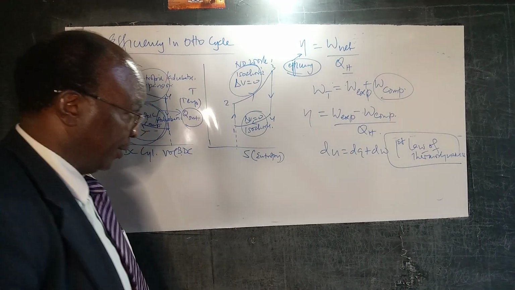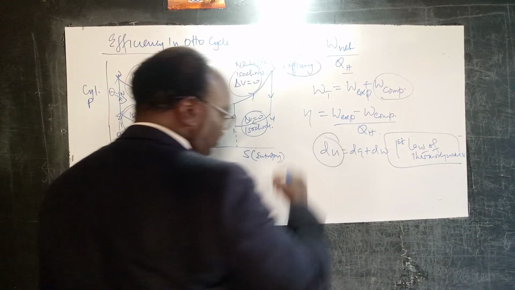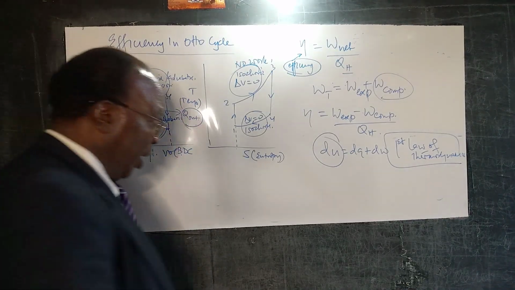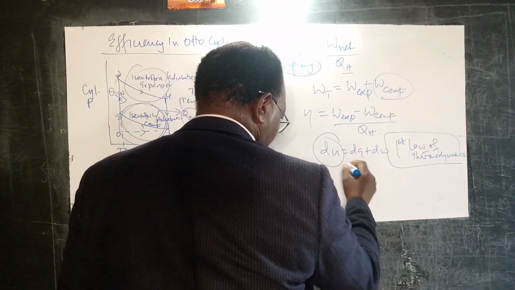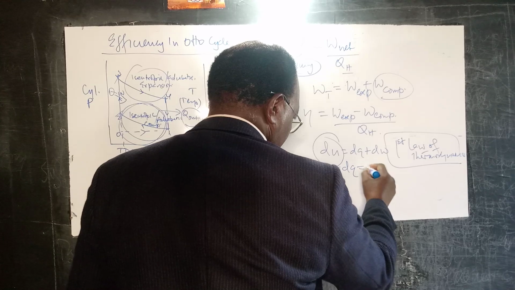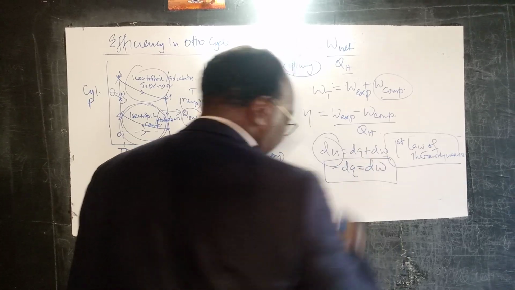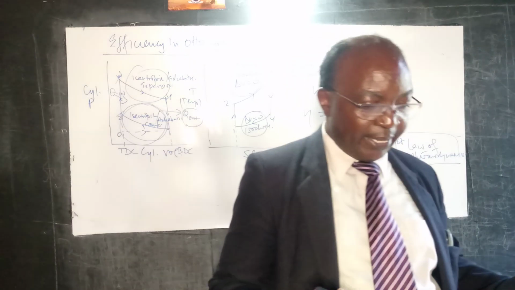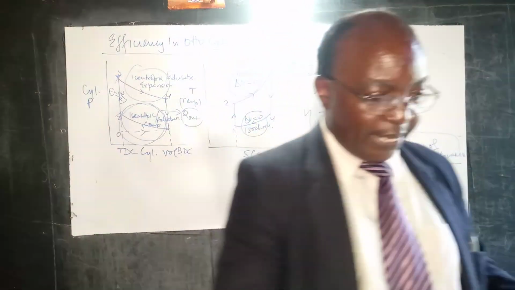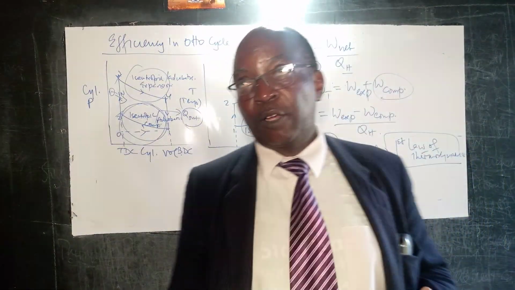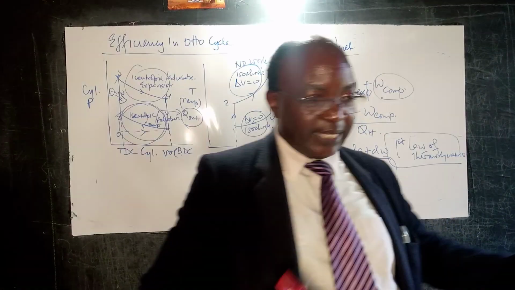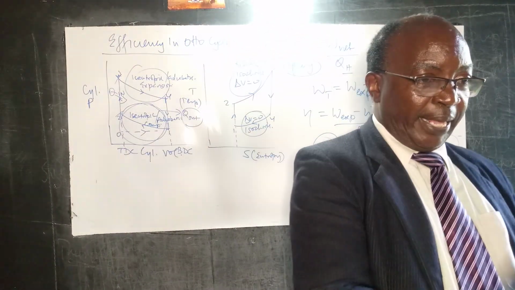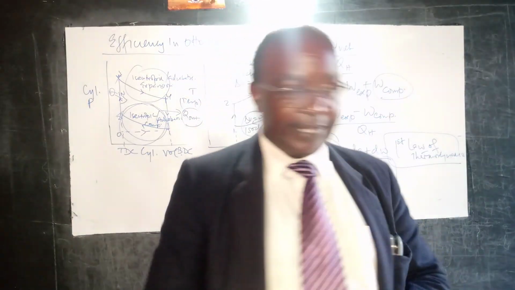Because we're talking of a reversible cycle, dU is equal to 0. Therefore, dQ is equal to dW. That means the difference between the work output and the work consumed, for example by the compression, is the same as the difference between the heat inputted and the heat rejected.